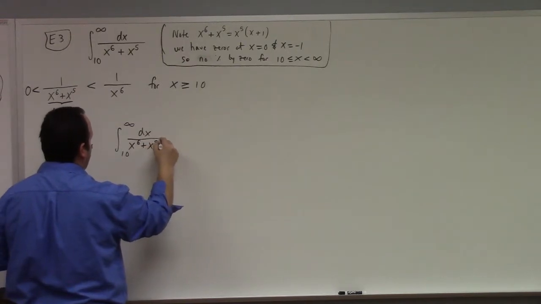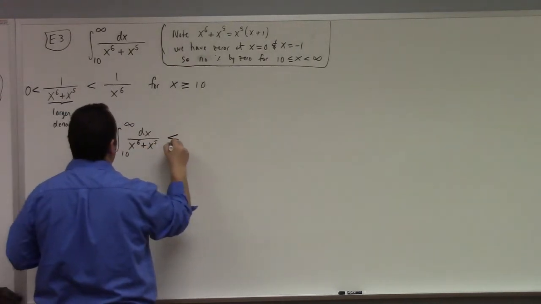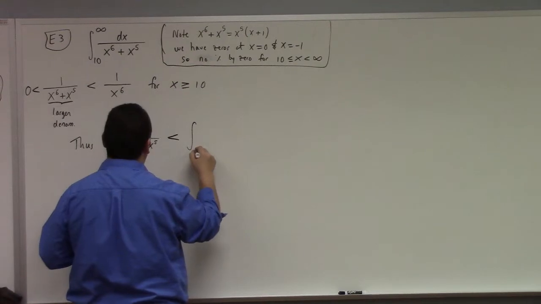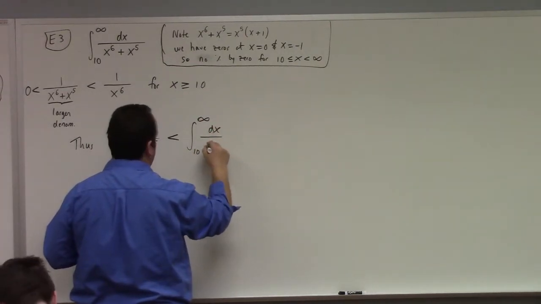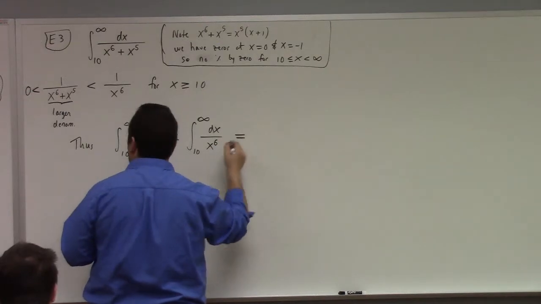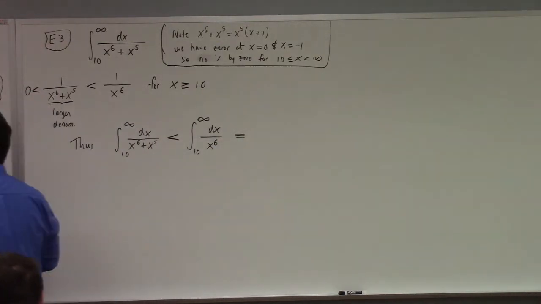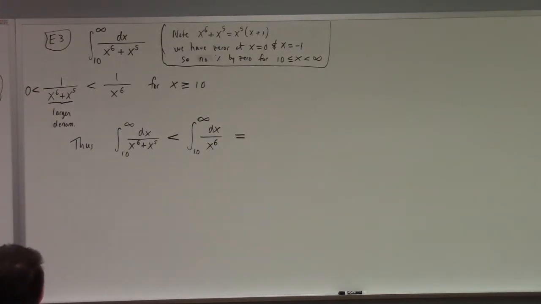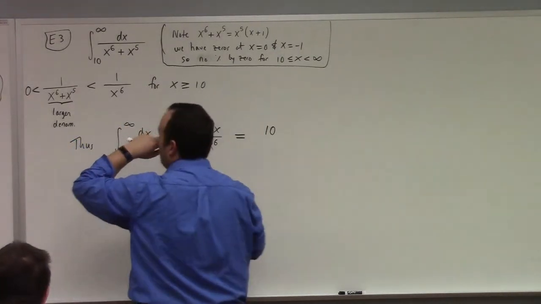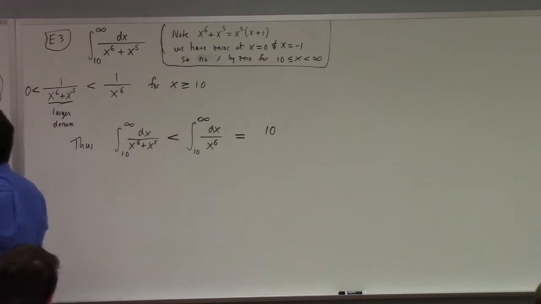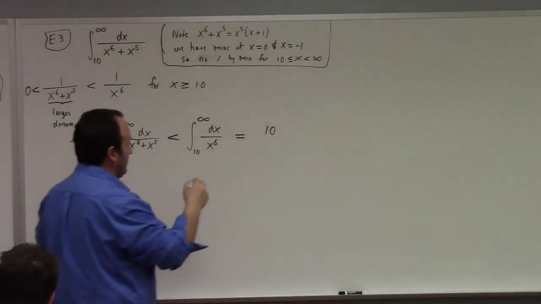to the 5th is less than the integral from 10 to infinity of dx over x to the 6th, which we just learned could be straight calculated as, what was it? 10 to the what? A here is 10, p here was 6, so 10 to the minus 5, yeah?